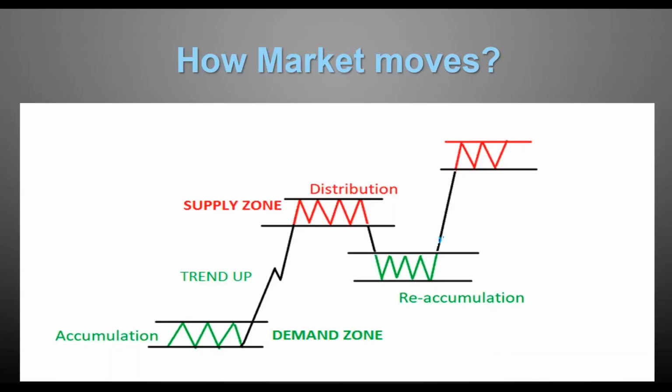I don't want to take too much time. I just wanted to very quickly run through how it works. The market always moves in these four zones. Either it's in accumulation mode, just the choppiness area, and then goes either up or down, or it's in the distribution zone.